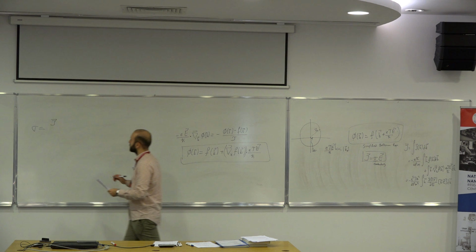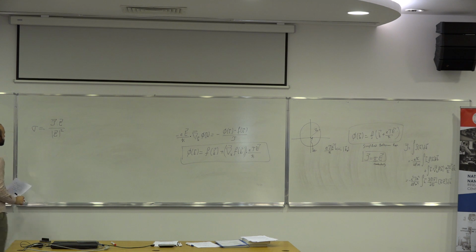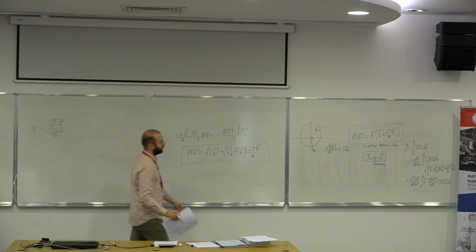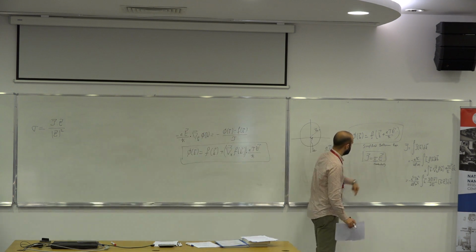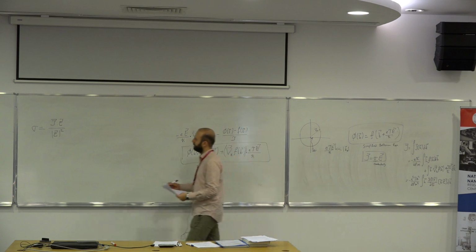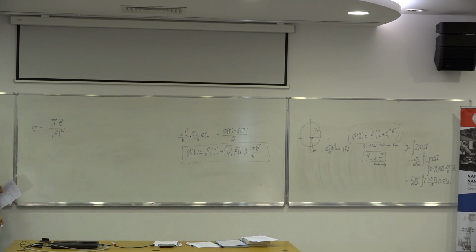So what I do is basically this. Okay. If I dot J with E, I'll get the magnitude of E on this side. If I divide both sides by the magnitude of E squared, then I'll end up with my sigma.